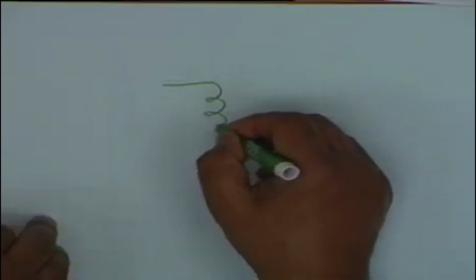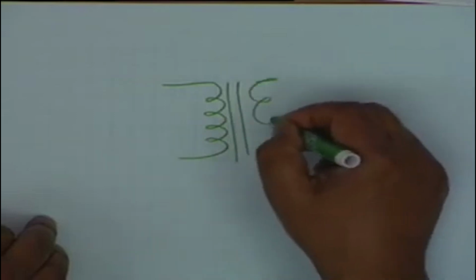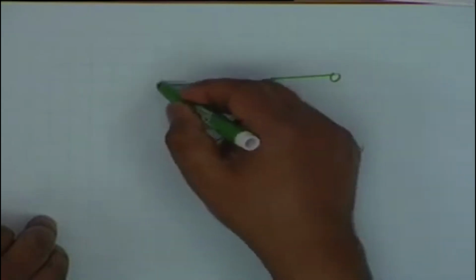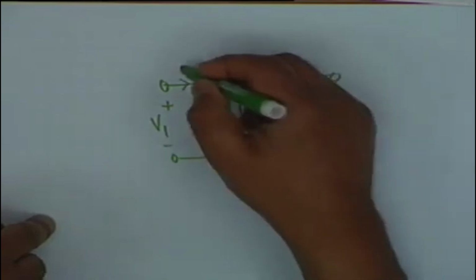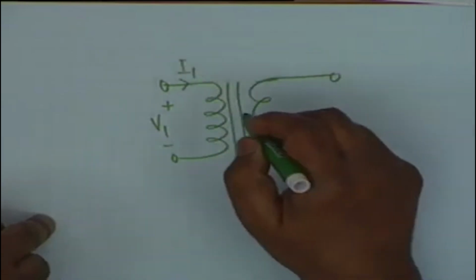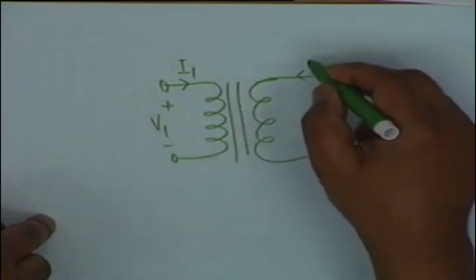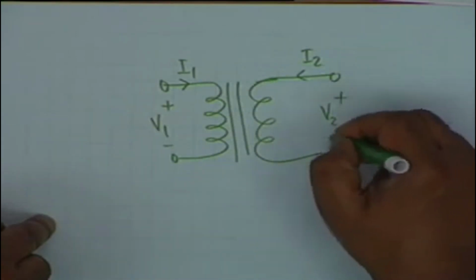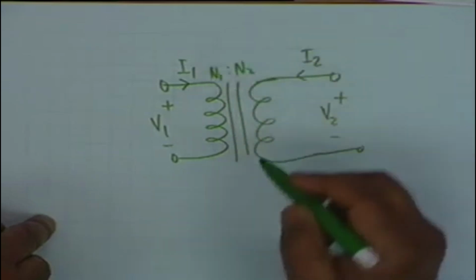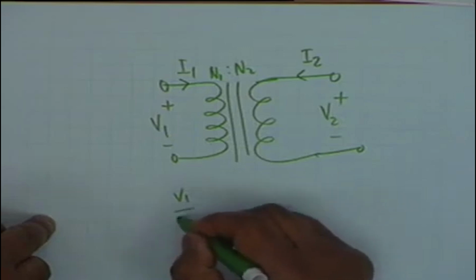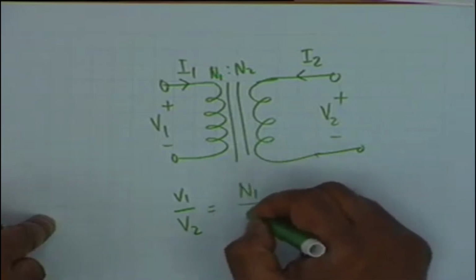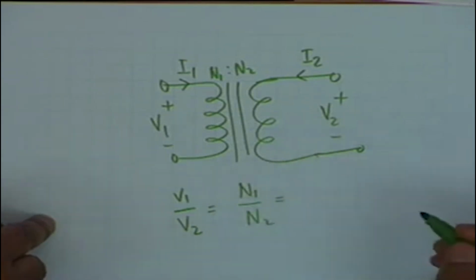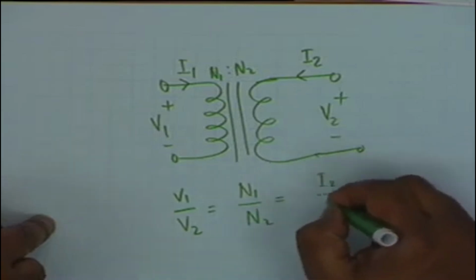Now, if you recall circuit theory, the perfect transformer has the property that if V1, now I am showing phasors, V1 be the voltage here, the current is I1, I am omitting the bars, and this is I2 and this is V2, the turns ratio is N1 to N2, then you know that V1 by V2 is equal to the ratio of the turns, that is N1 to N2, and it is also equal to the ratio of the currents I2 to I1.